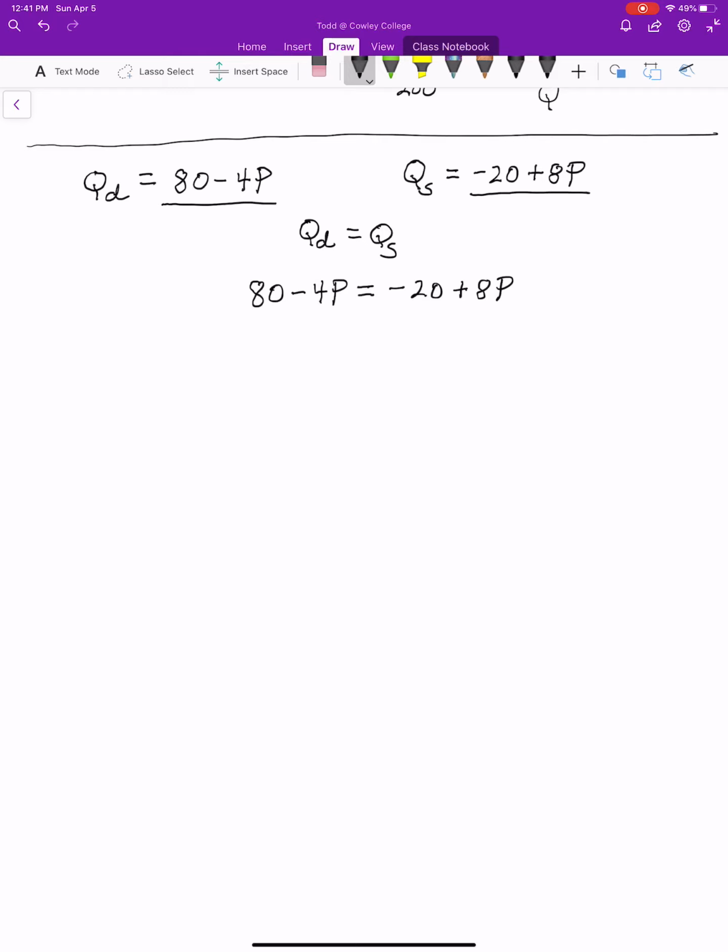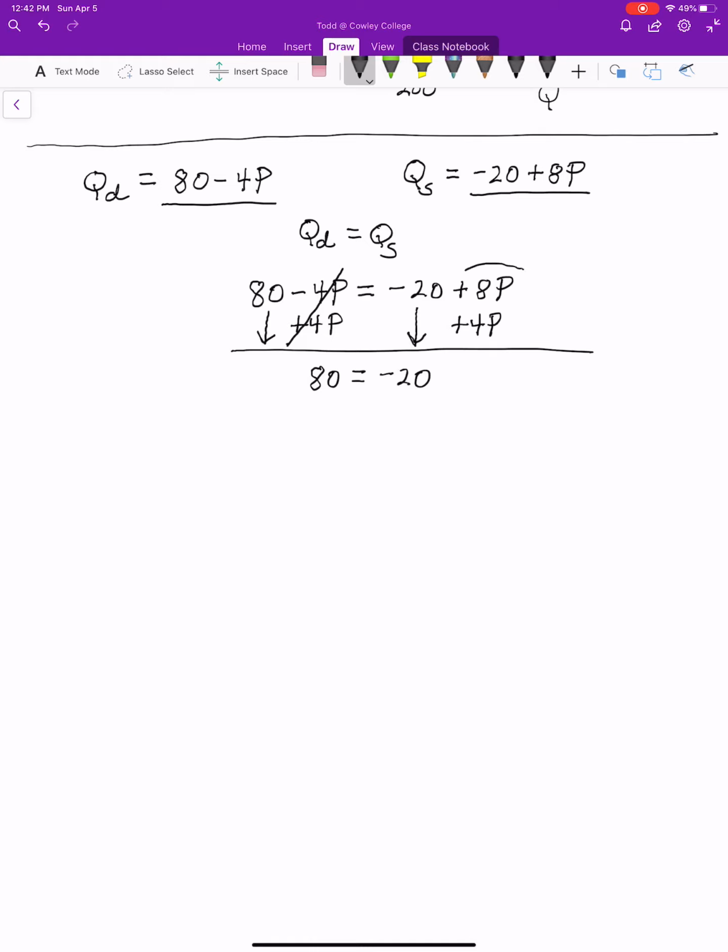So if it's a negative 4P on the left, I'm going to do the opposite, and I'm going to add 4P to both sides. So negative 4P plus 4P is 0. And then you bring down your 80, because we haven't done anything with that yet, is equal to, drop down your negative 20, because we haven't done anything with that yet.